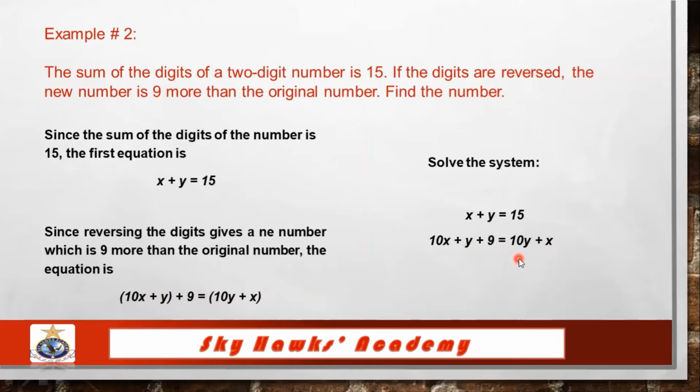All the x and y terms must be on the left hand side, and the digits must go on the right hand side. So what is the simplified form of this? 9x, am I right? This x will go to the other side, 9x minus 9y is equal to what?